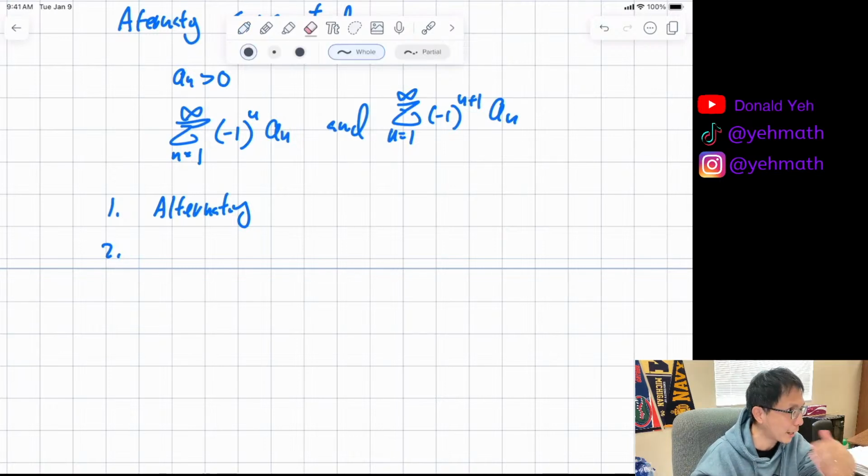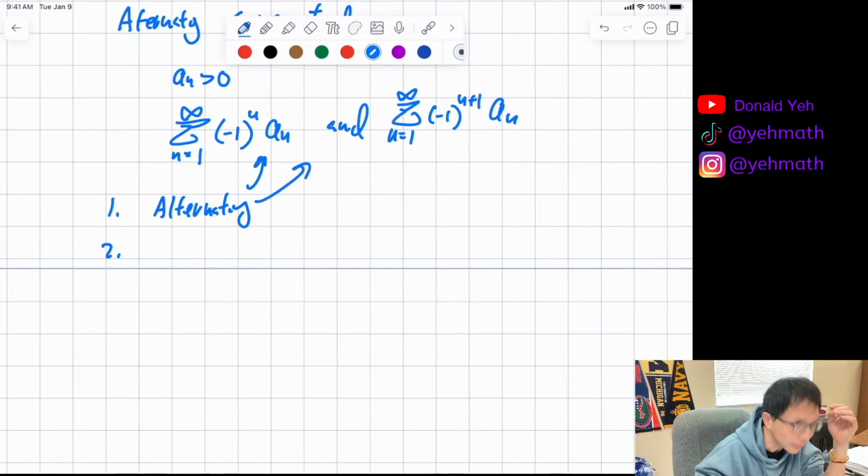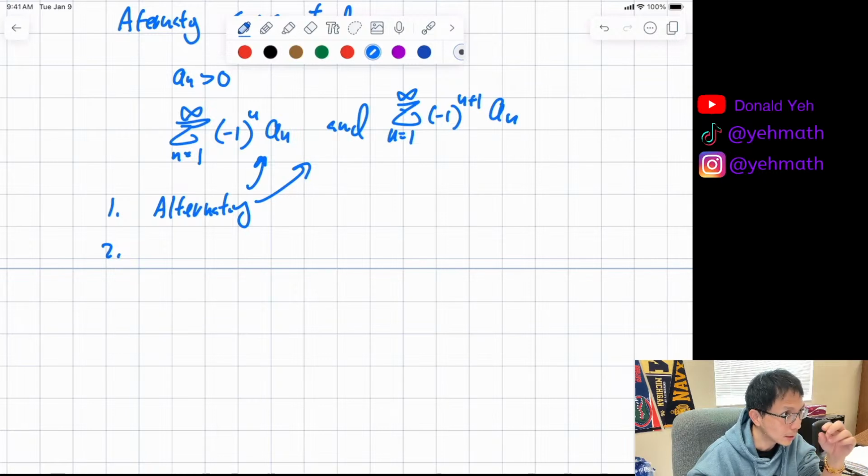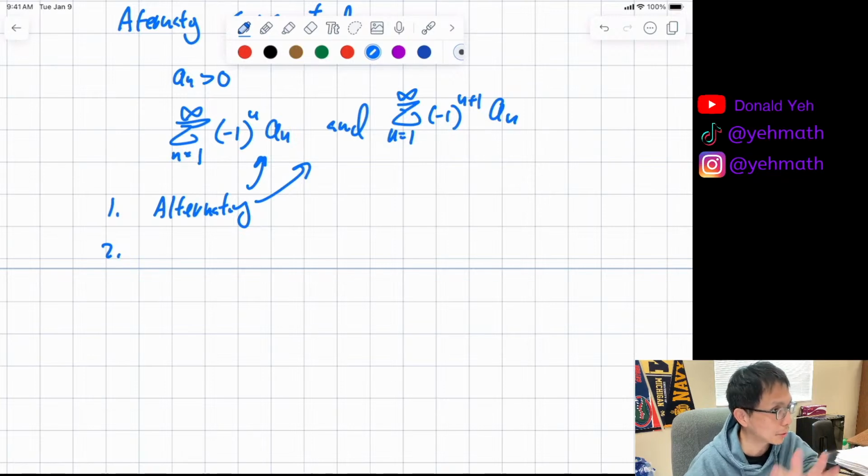So I'm just going to write it out for you. It has to switch positive, negative. It cannot be two positive, two negative, two positive, two negative, that doesn't really work. It has to switch. So it has to have a -1 to the n or -1 to the n plus 1 in front of the series.